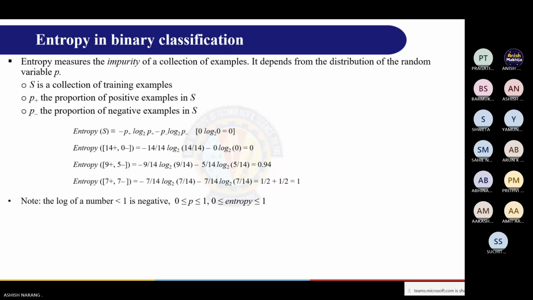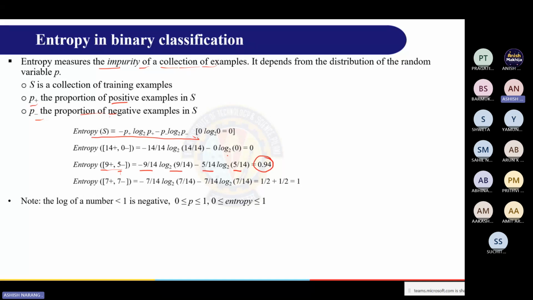Entropy measures the impurity of a collection of examples, right? S is a collection of training examples, P positive for one class, P negative for the other class. So we have already covered this. So with a 9-5 split, we get minus 9 by 14 log of 9 by 14 minus 5 by 14 log of 5 by 14. So entropy is 0.94. 0.94 is quite high because the value is close to 1.